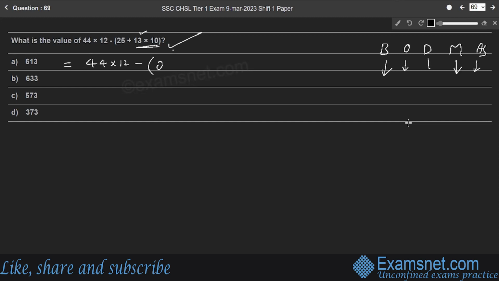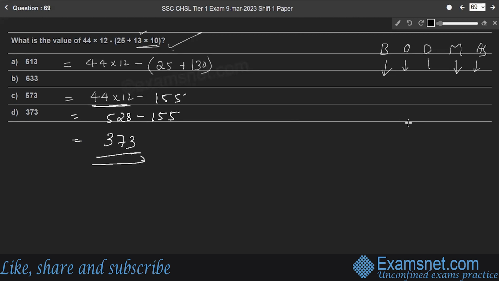Therefore, 25 plus 130 is 155, so the expression is equal to 44 into 12 minus 155. Now go for multiplication: 44 into 12 is 528, minus 155 is equal to 373. Option D is the right answer.